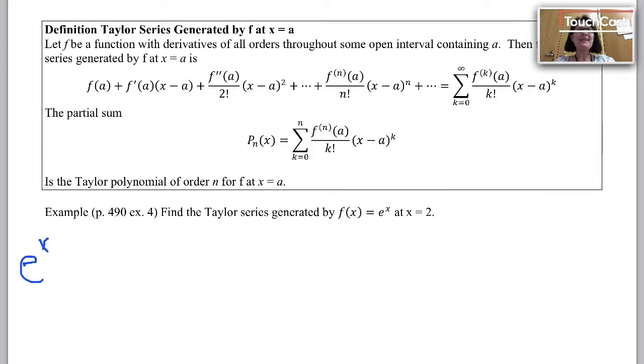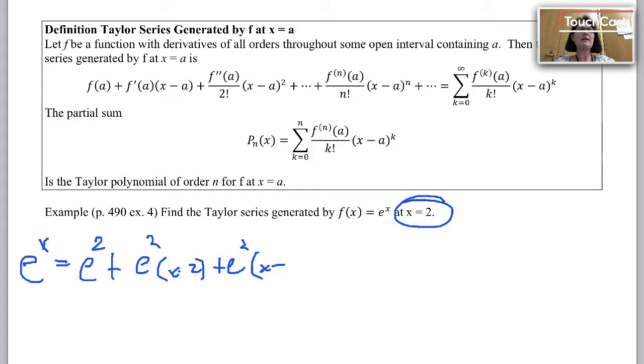So e to the x near x equals 2 is exactly equal to e squared plus e squared times x minus 2 plus e squared times x minus 2 squared over 2 factorial plus dot dot dot. Well, this was the 0 term, the first term. If I wanted to think, what would the nth term look like?